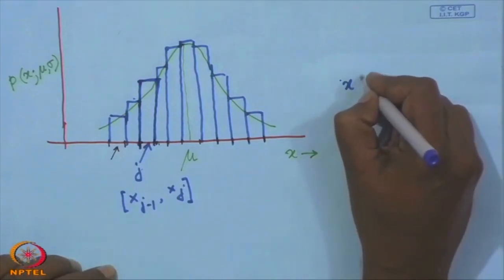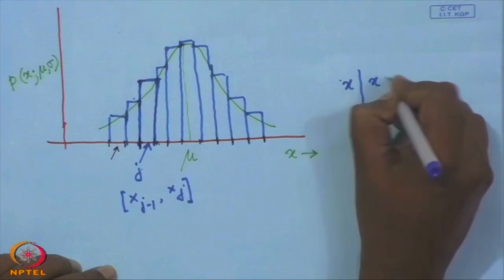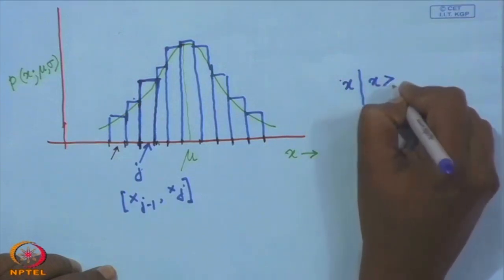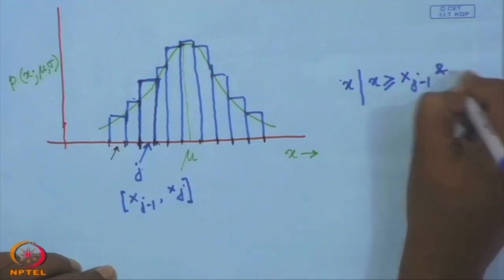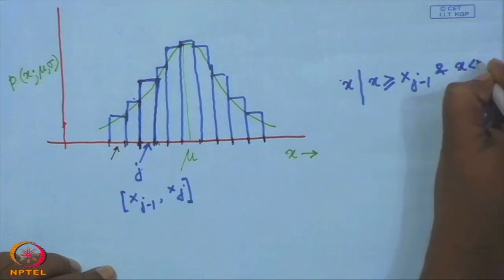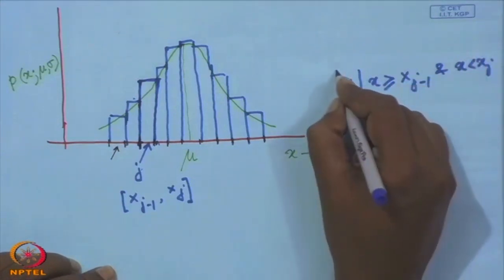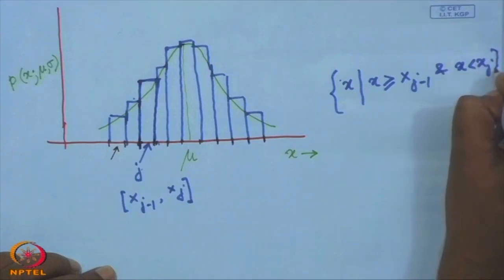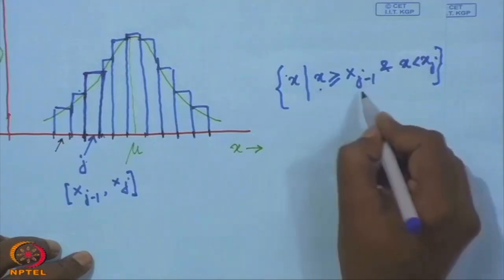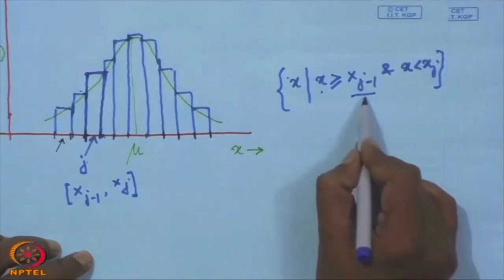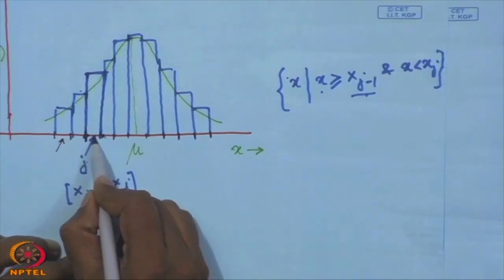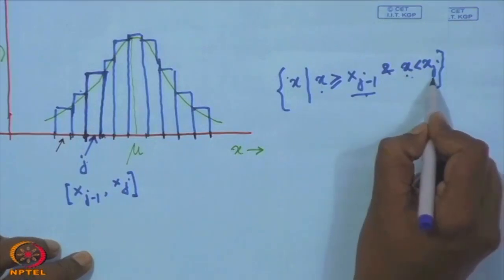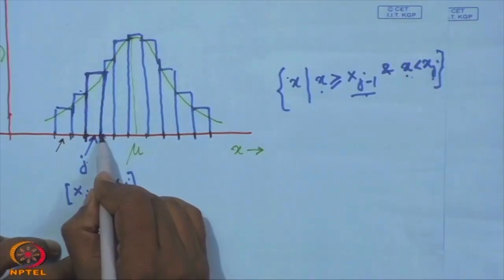So, take all x where x is greater than or equal to x j minus 1, the left boundary of this jth interval, and x is less than x j, the right boundary of this interval.